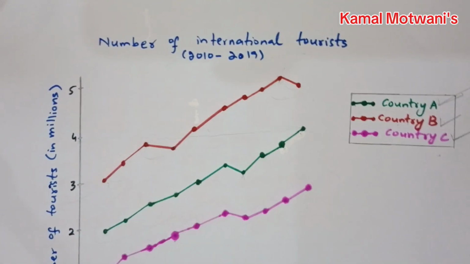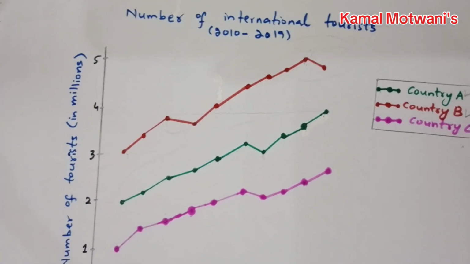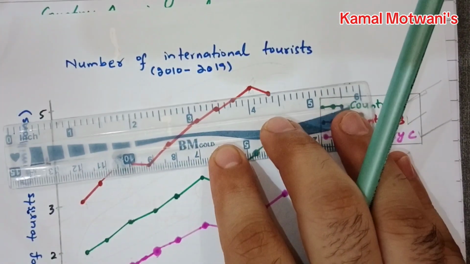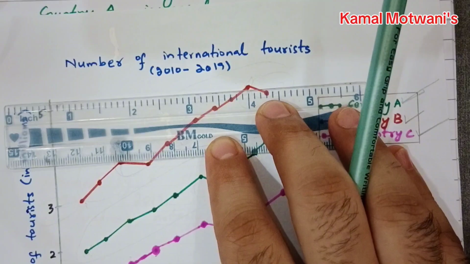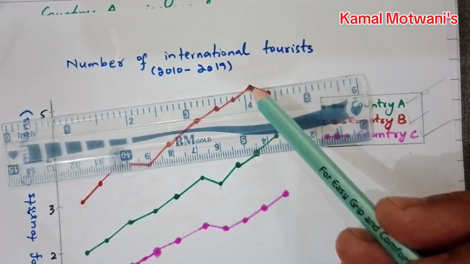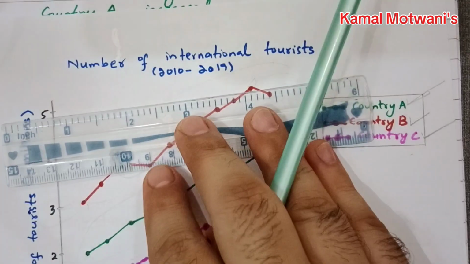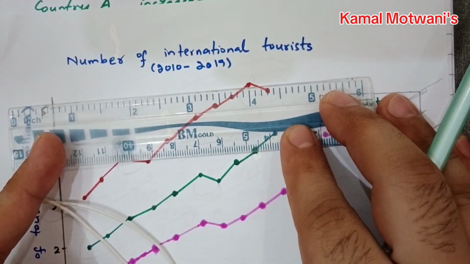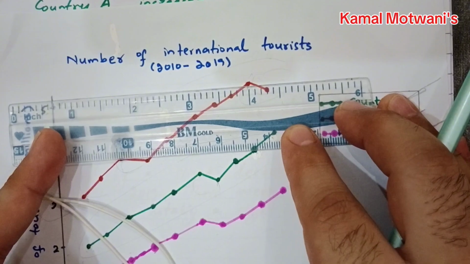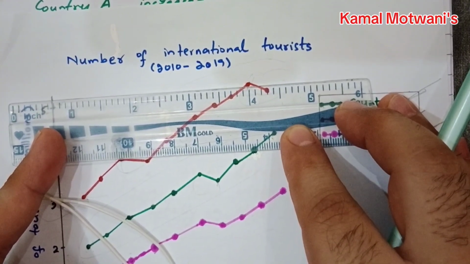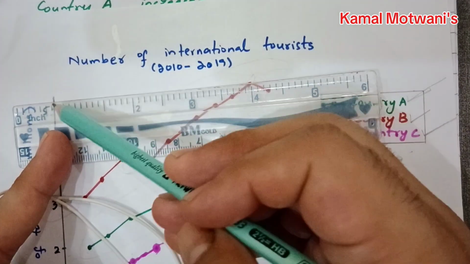You can see, if we use the scale, it is above 5. That's 5.2 around, just above 5.